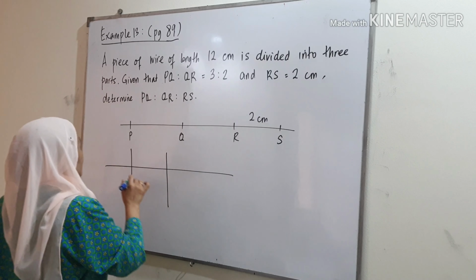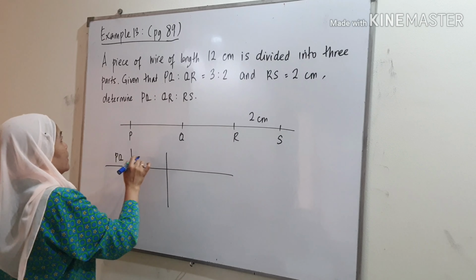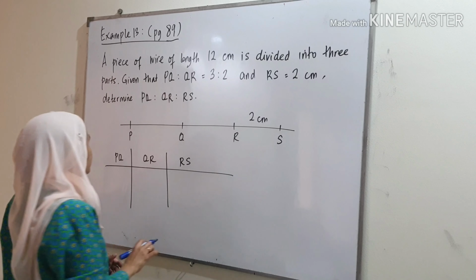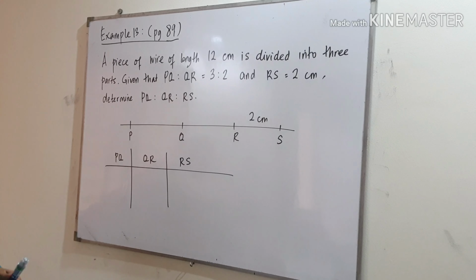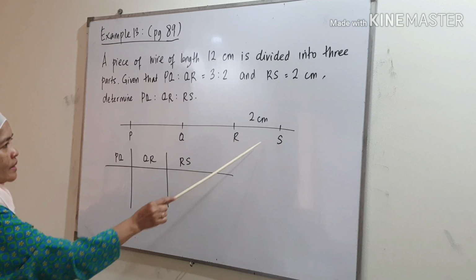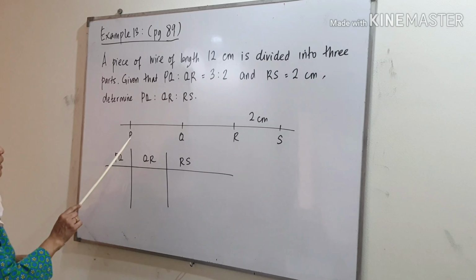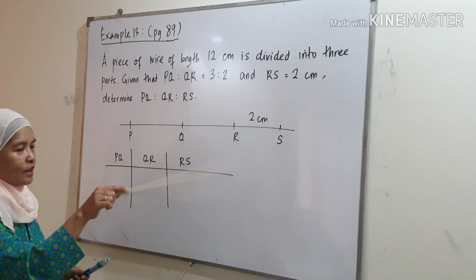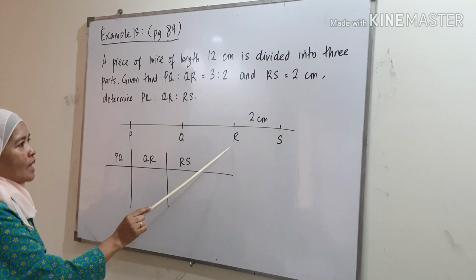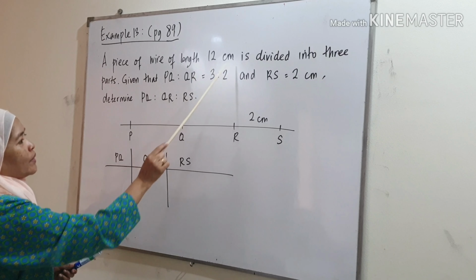So PQ, QR, and RS. So actually, if you see this question, PQ plus QR plus RS equals 12.